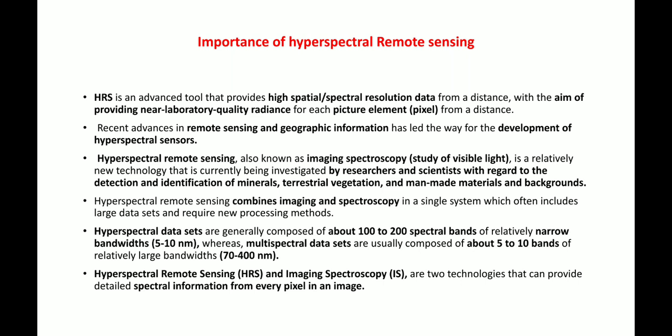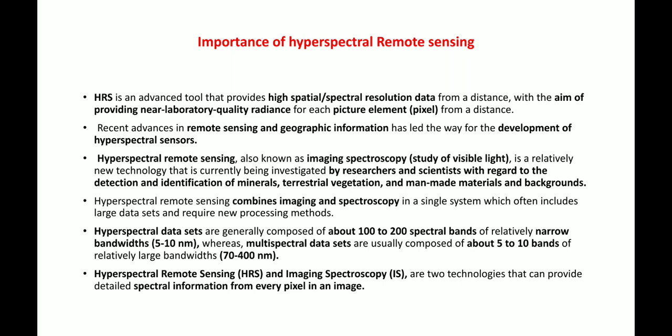Then hyperspectral remote sensing combines imaging and spectroscopy in a single system, which often includes large data sets and requires new processing methods. With the help of HRS, we combine imaging or aerial photography and spectroscopy, which is useful for the processing of large data.